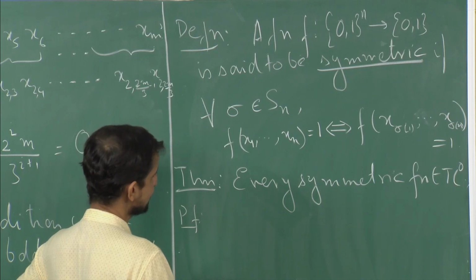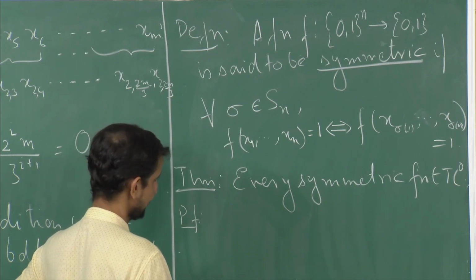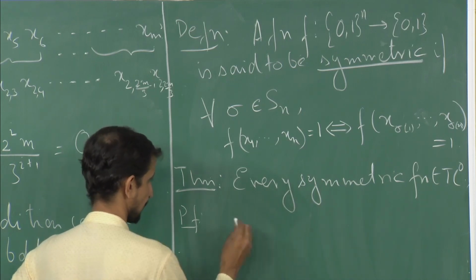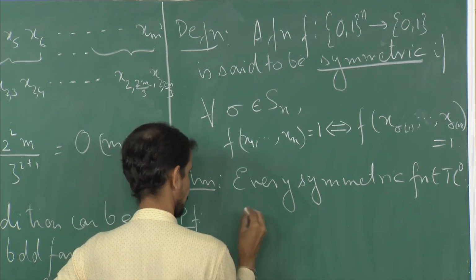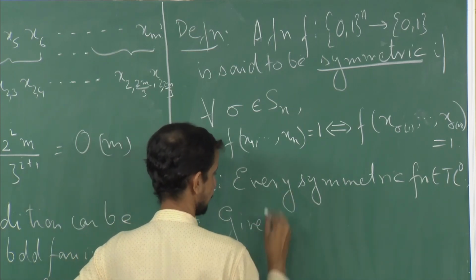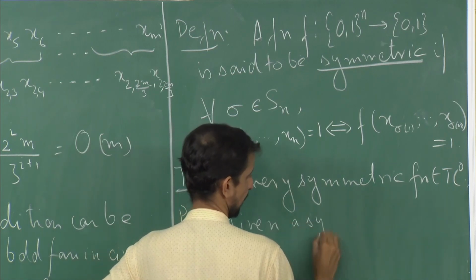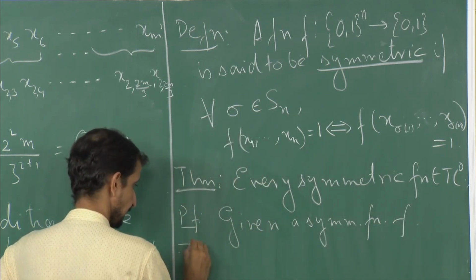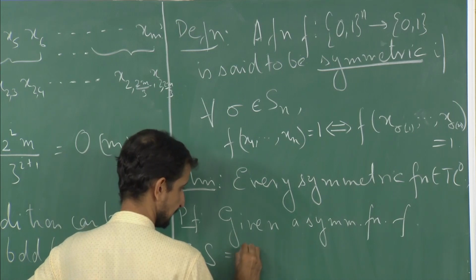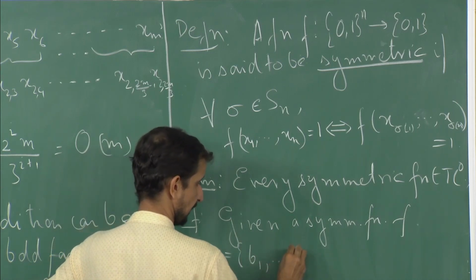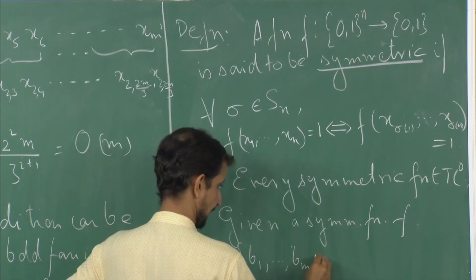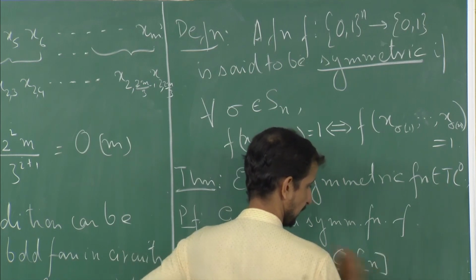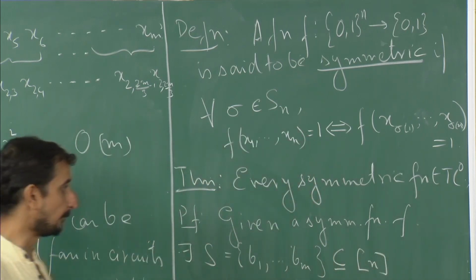So, given any symmetric function f, let us say, there exists a set S, which has values b1 up to some bm, and these bi's are a subset of the set from 0 to n.